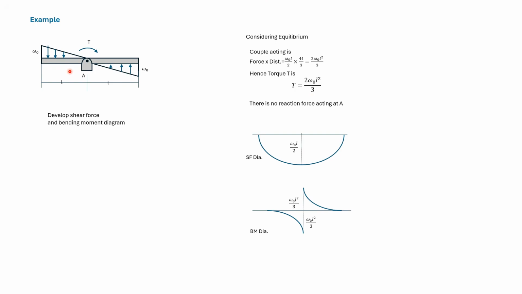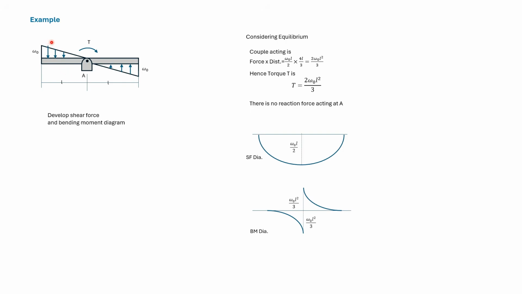Now considering vertical forces, the vertical force that acts on this side and on this side are equal and opposite. So from equilibrium, we can see that there's no force acting at the connection at A. Now let us form the shear force diagram.